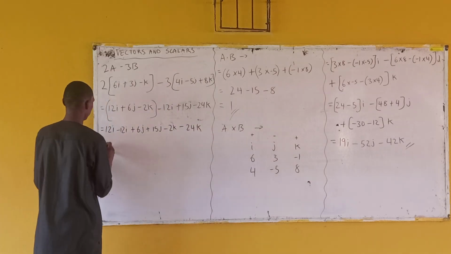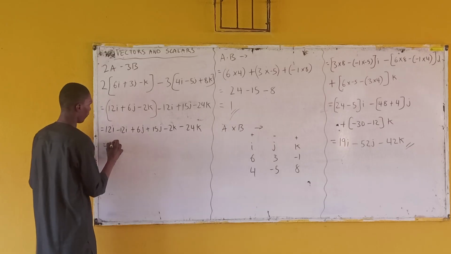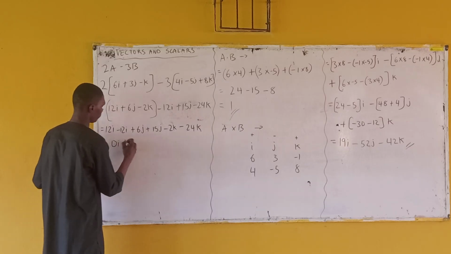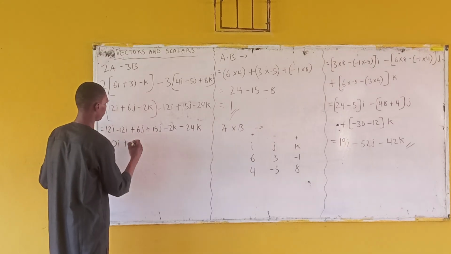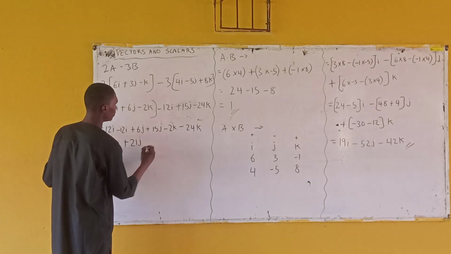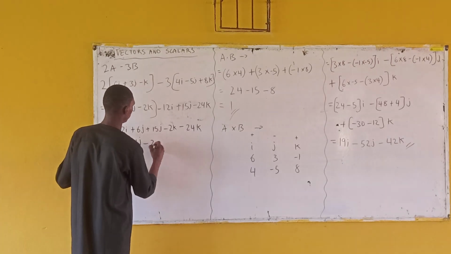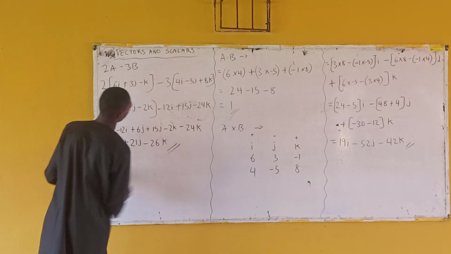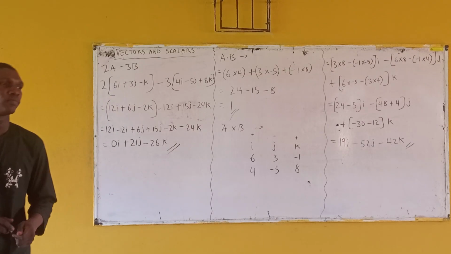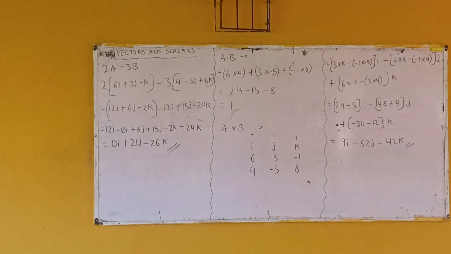Therefore, what do we have? 0i plus 6 plus 15, that's 21j, minus 26k. Easy.